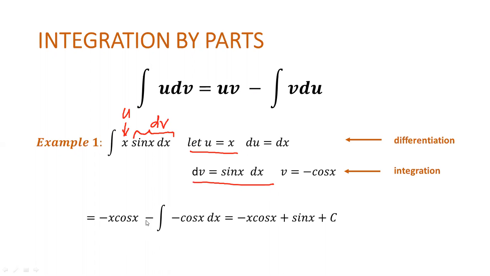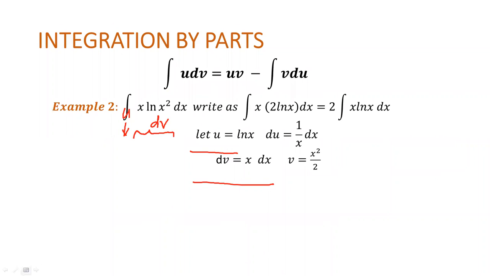So actually this is a cosine and the integral will be a sine. So in here you did differentiation, in here you did integration. The last part will only need you to integrate the second term from the formula that was used. And that's just the sine of x. That's it. You use integration by parts for the product of these two different functions, the integral of two different functions. Okay?